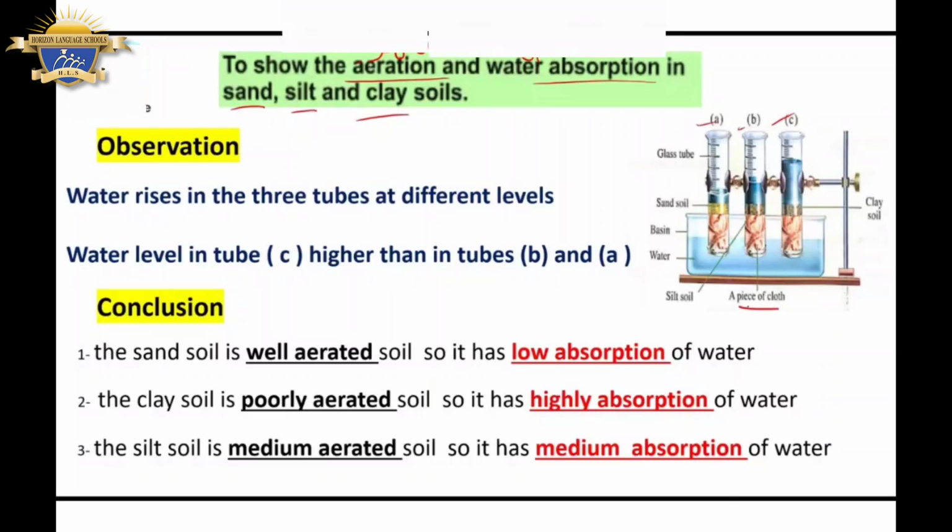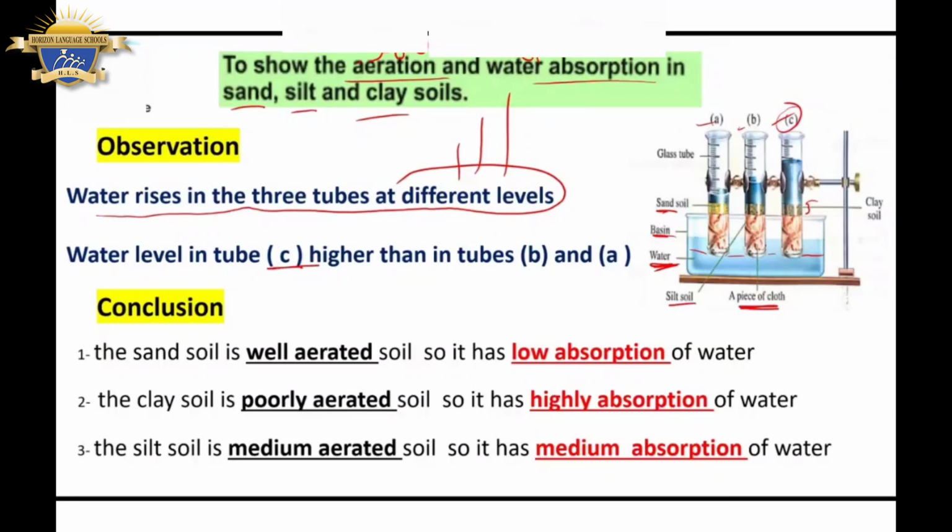Third, put in tube A an amount of sand soil and put in tube B the same amount of silt soil, and in tube C put the same amount but of clay soil. The fourth step is we're going to immerse the 3 covered ends of the 3 tubes at equal depths in a basin containing water. In this activity, we notice that water rises in the 3 tubes but at different levels.